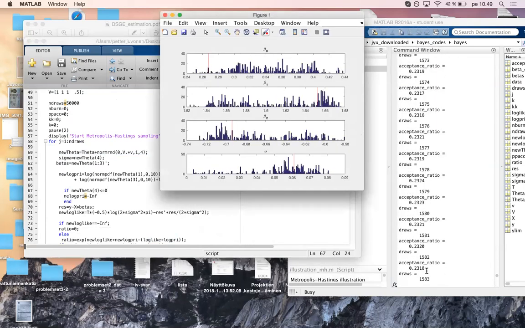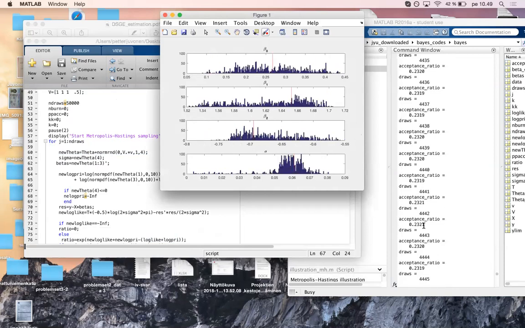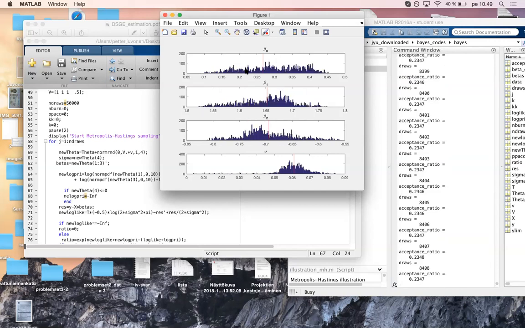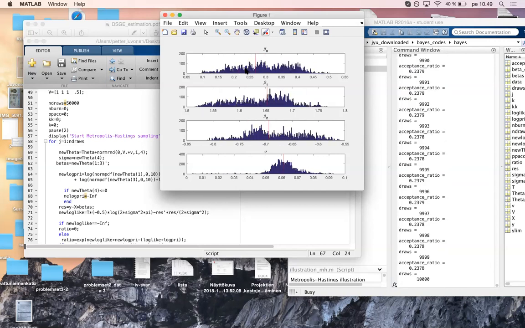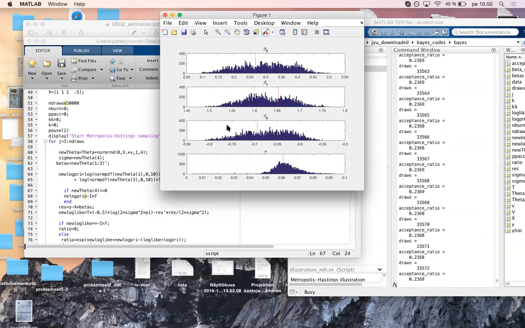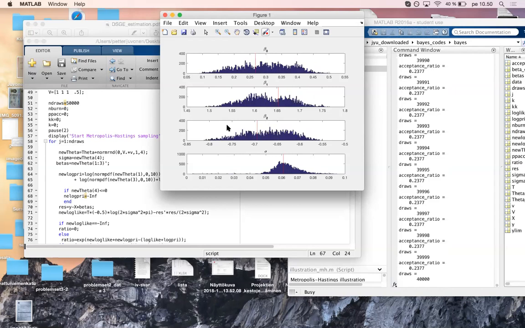Okay, so there are now 2000 draws, and it starts to look a bit like a normal distribution for all these parameters, like it should, since we have a linear model and priors were normal distributions. Now 40,000 draws done.